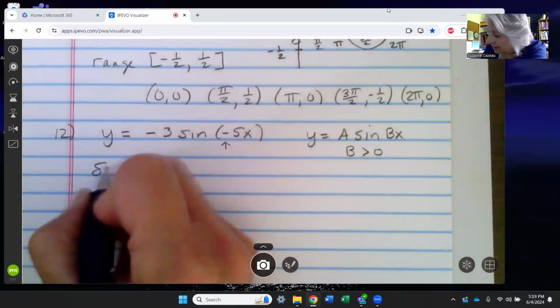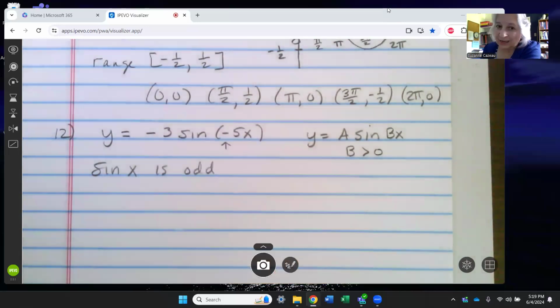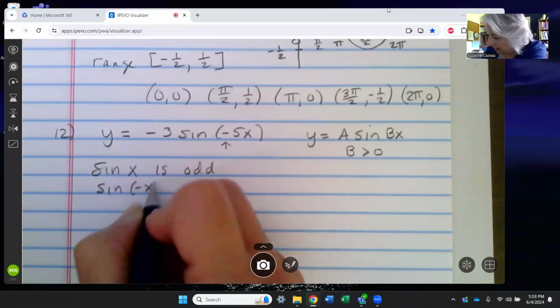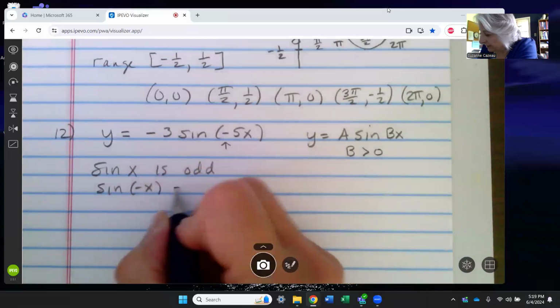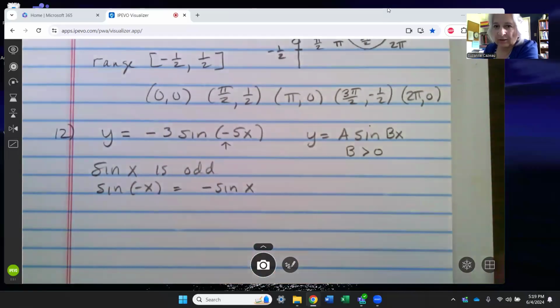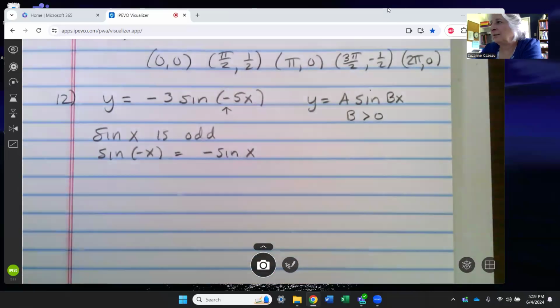You know that sine is odd. So what does that mean? That means that sine of negative x is negative sine x, right? And you can verify that a couple of different ways. You know it's odd because it's symmetric about the origin.